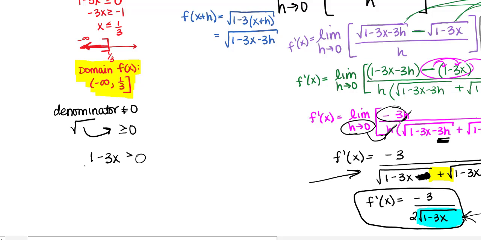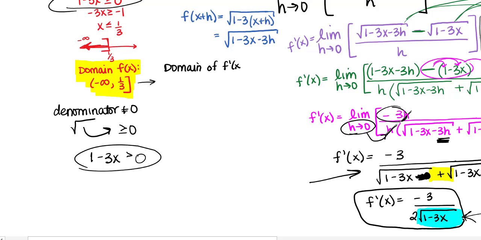So the only change from my initial function's domain is that now it cannot equal. So I would say the domain of f prime of x is negative infinity to 1/3 with a parenthesis. So that's the only change to that domain.